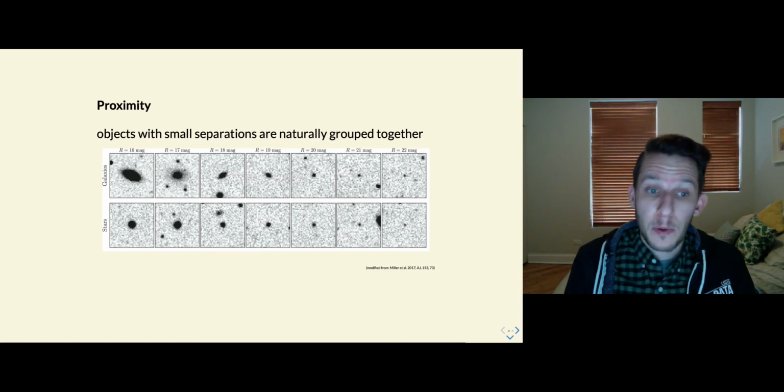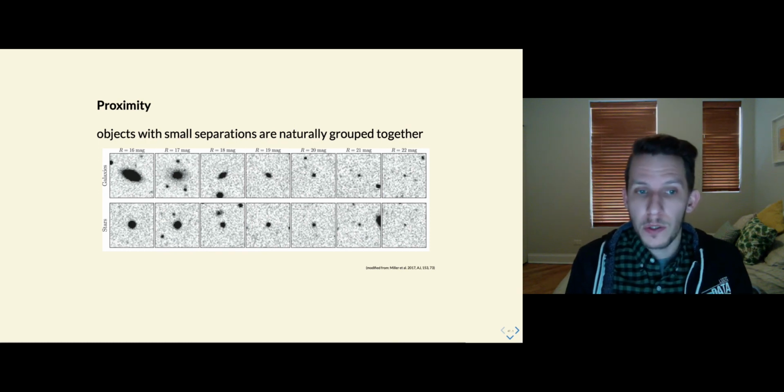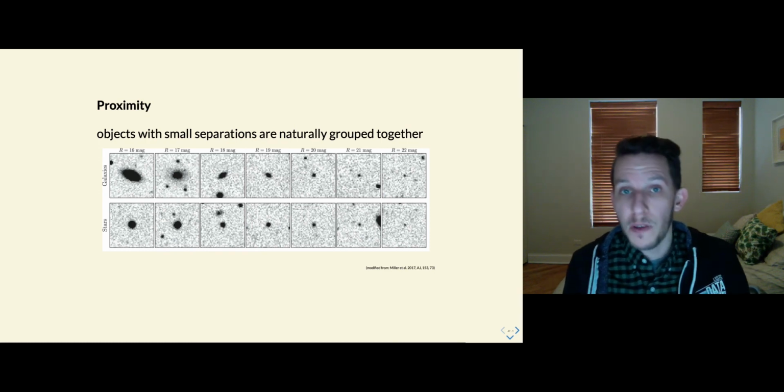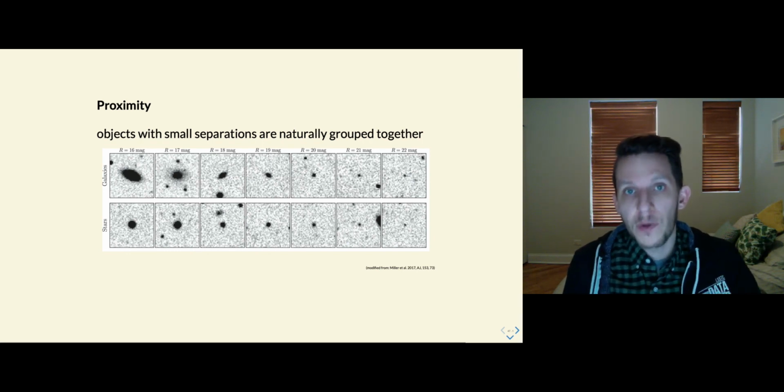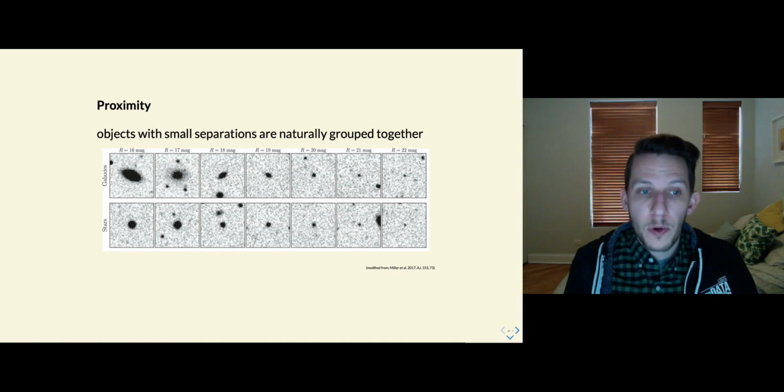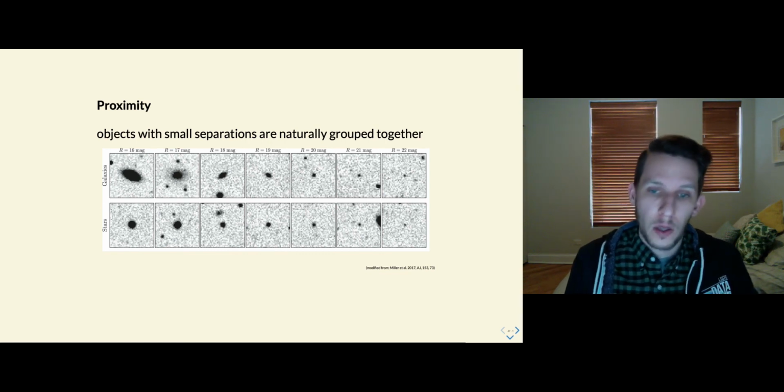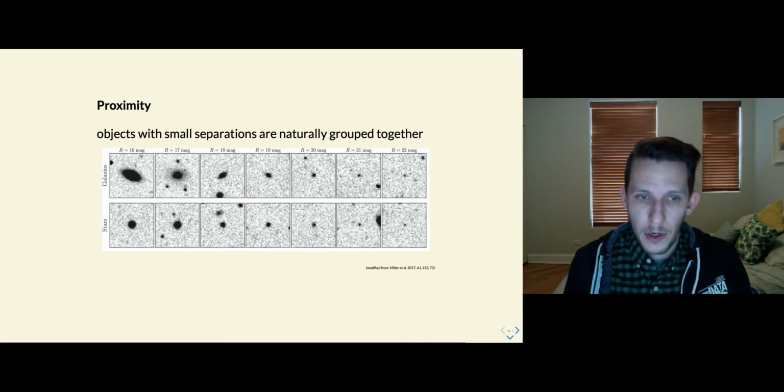You can see that the separation between the individual stars is much smaller than the separation between the stars and the galaxies. This is what I mean by proximity. We've separated the galaxies and the stars so that you naturally group the stars as you run along the row together, and you naturally group the galaxies as you run along the top row together.